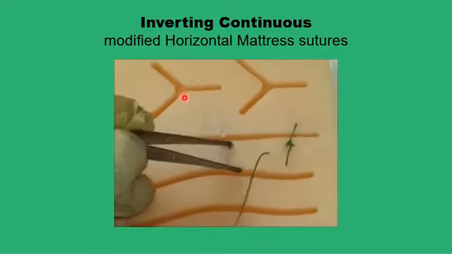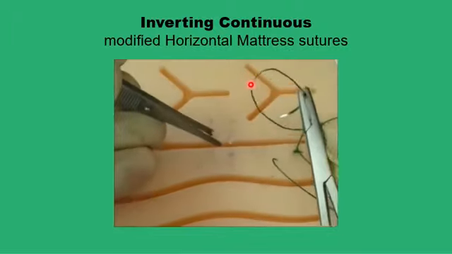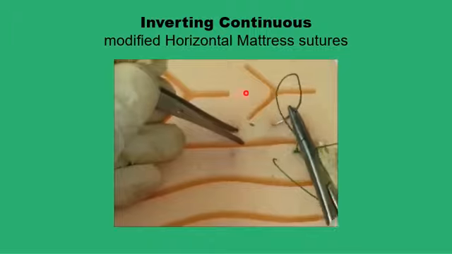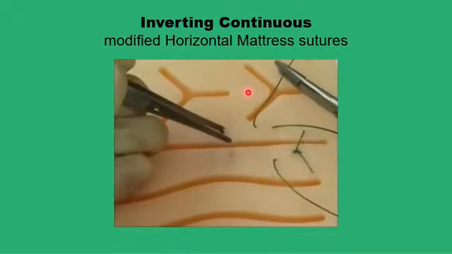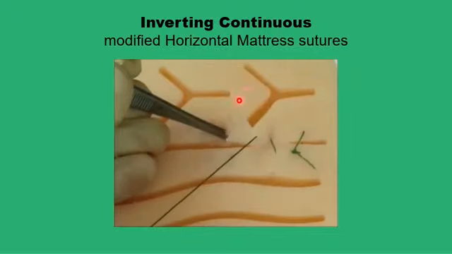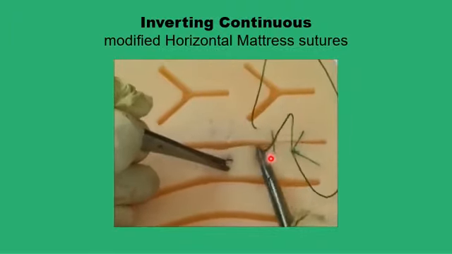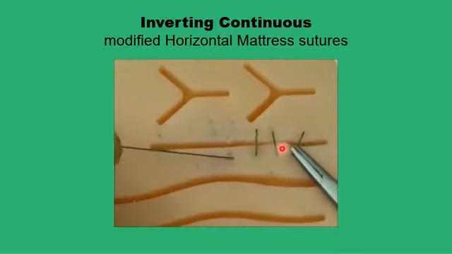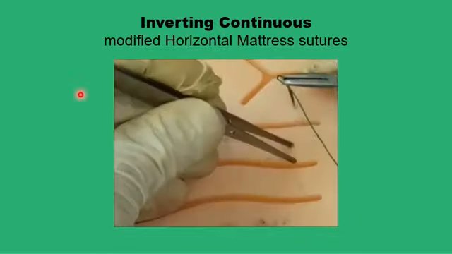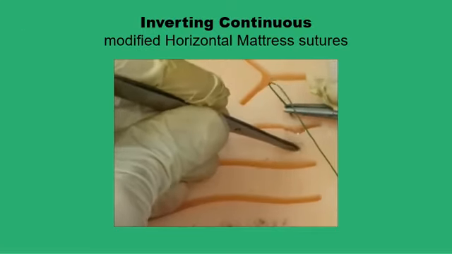Again, we pass the needle parallel to the wound edge on one side, cross to the other side, and do the same. And this is going to result in a suture line bridge perpendicular to the wound edge, and this is going to result in inversion.